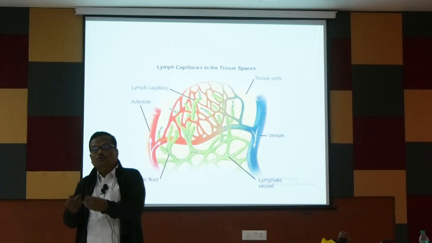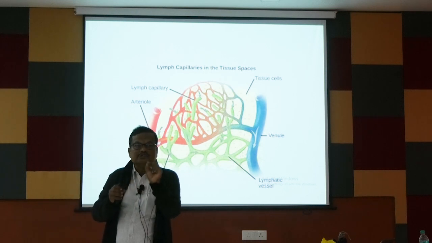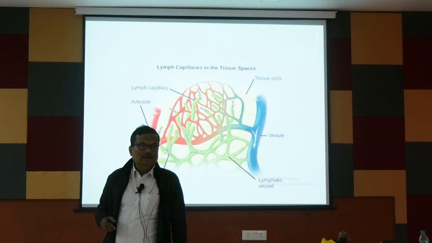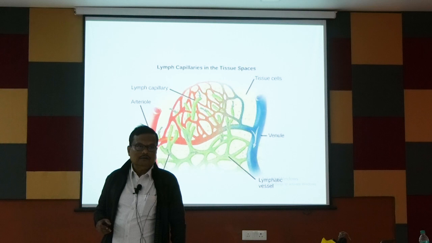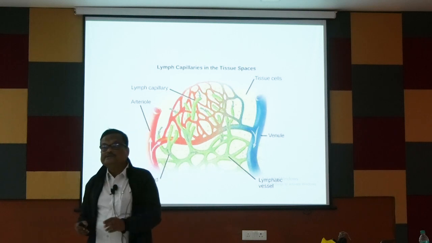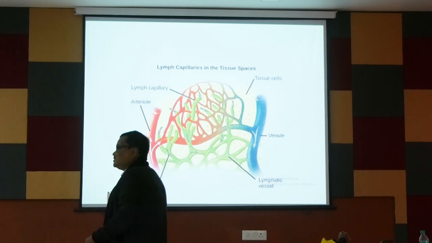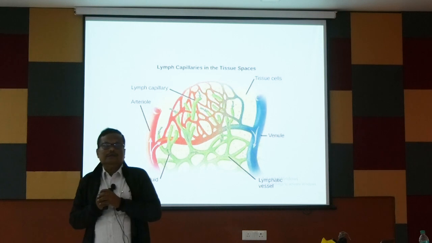So it requires some other agent so that it forms a larger compound known as a micelle. Because fat is insoluble in water, it cannot go through the blood. So these micelles are larger. They cannot enter the venous system, so they will again remain in the tissue spaces.